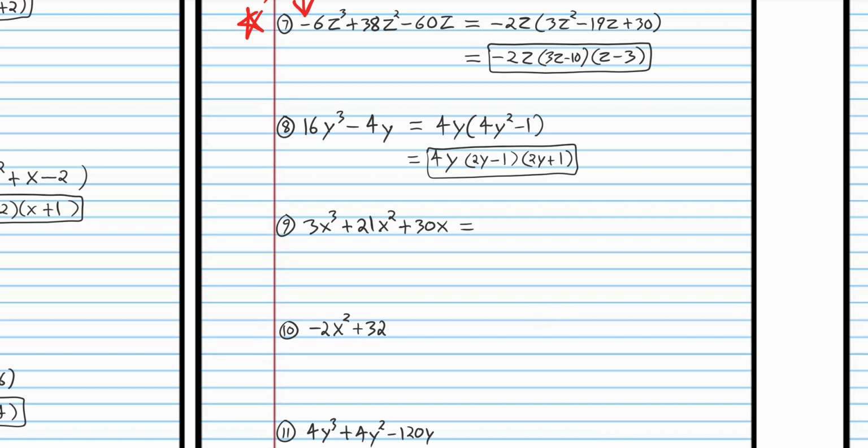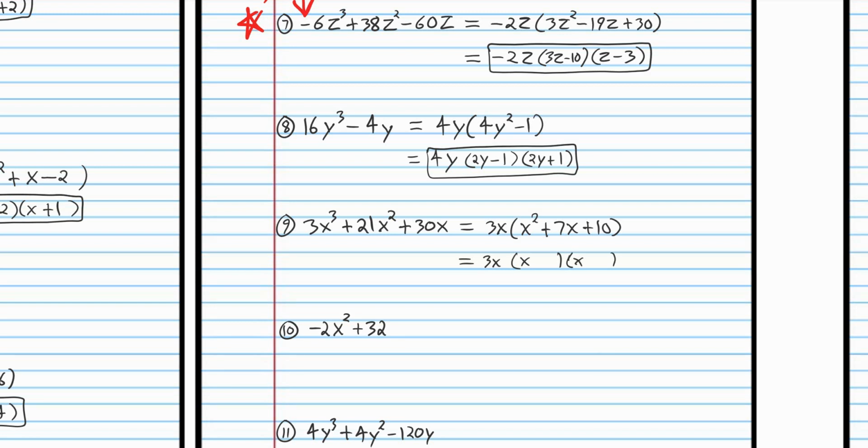All right, we're back. So we're going to factor out 3x. And then we have a quadratic expression, so write two pairs of parentheses.